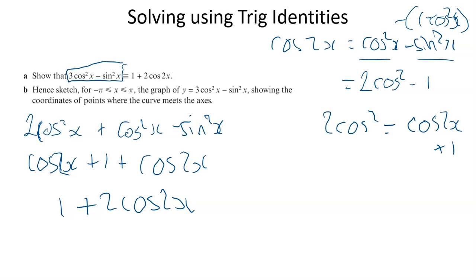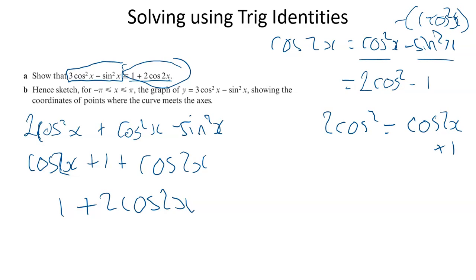If this had been left with something else that was grotty, then I might not have been able to do it. So if that's not so clear, it would have been easier, I would think, to start on this side and substitute in what cos of 2x is, and expand that bracket and then rearrange it, and then it's possibly easier to get it to look like that. I'm not sure, but maybe you can have a go at doing it from the right hand side and see what you get.